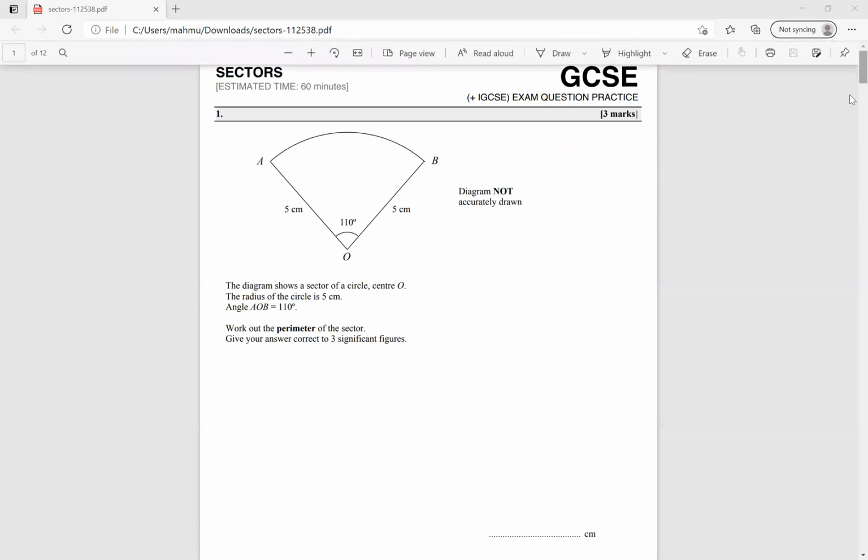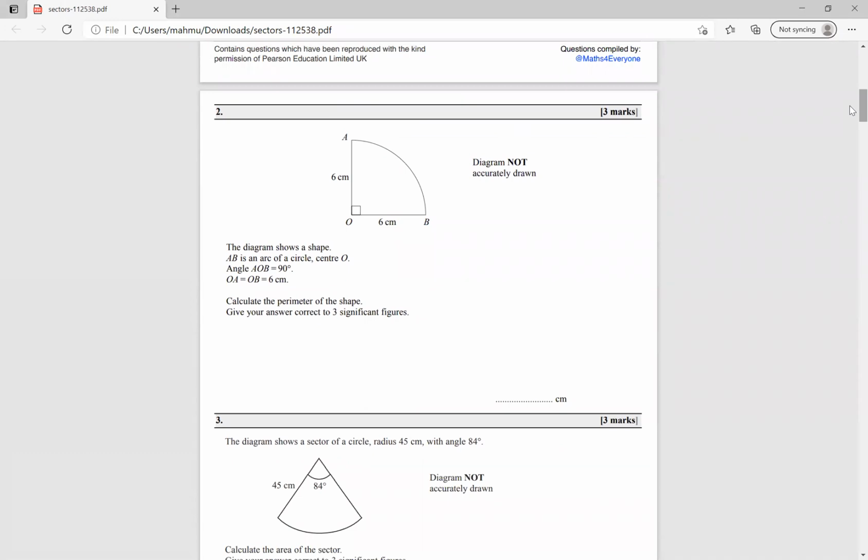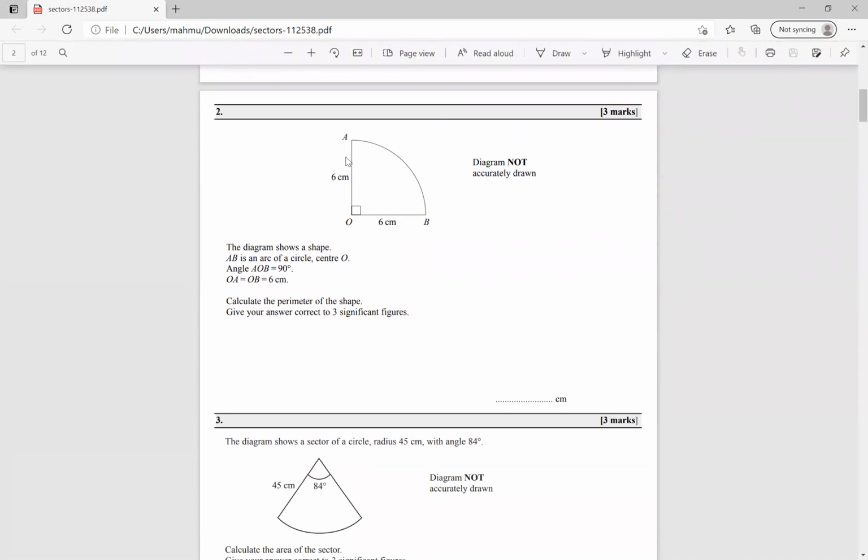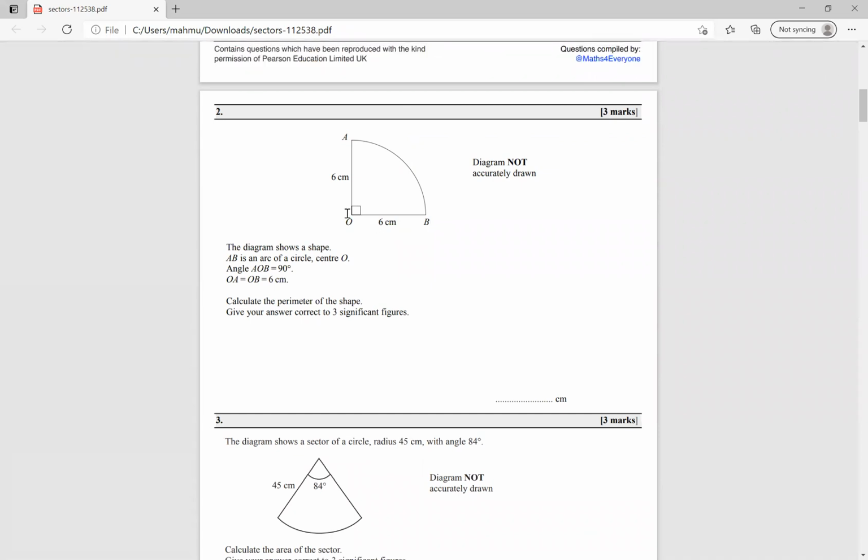Okay, so the next part is, again, we find the arc, and then we add up the 2 sixes. So you're going to do that yourself? So remember, arc is angle divided by 360, then times 2 pi r. Okay.